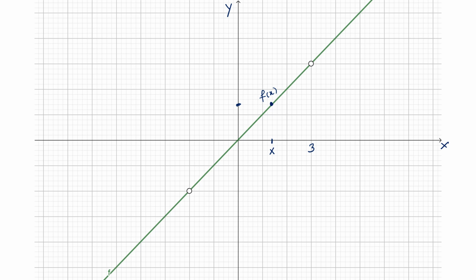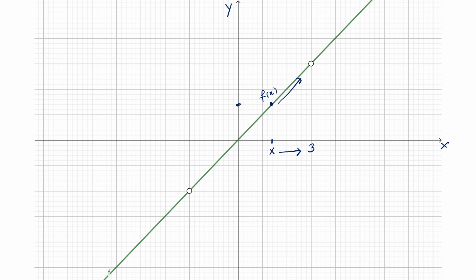So this x value is going towards this side. If the x value goes towards this side, this f of x value goes towards here. Understand this?